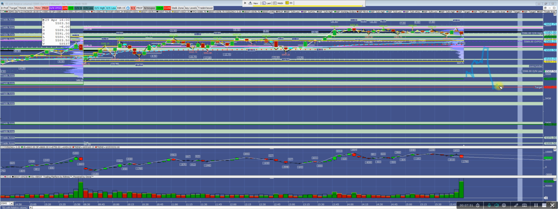Hit this target here of the 54.75, fail, move down to test this 5400 mark, and then failure and a move down into this 53.70 to 360 area, which will put us back into the lower section of that micro composite.